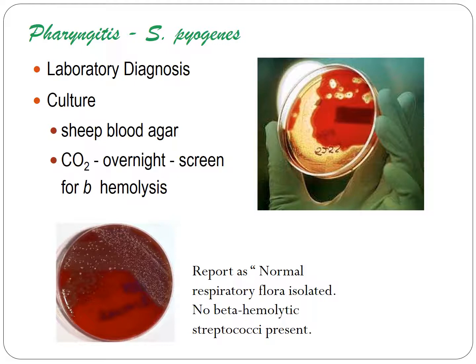So we know that group A streptococci or Streptococcus pyogenes are catalase negative. They're gram-positive cocci that occur in chains. Streptococcus pyogenes produces beta hemolysis on blood agar. This is described, as you can see in this image on the upper right, as a clear white zone of hemolysis on the sheep blood agar plate.